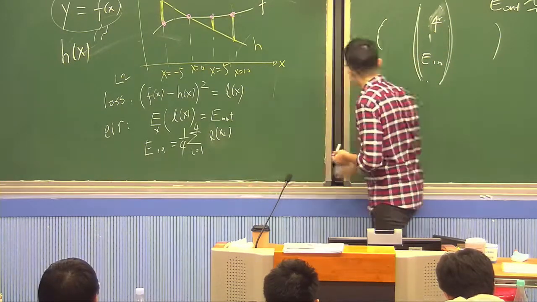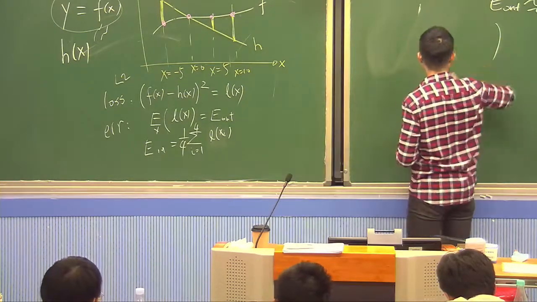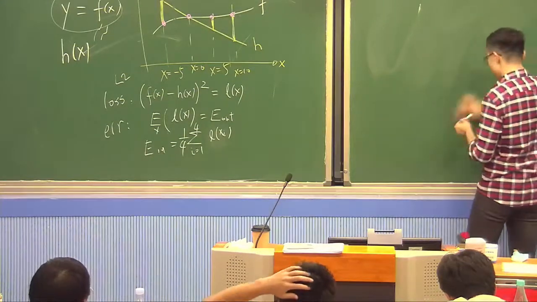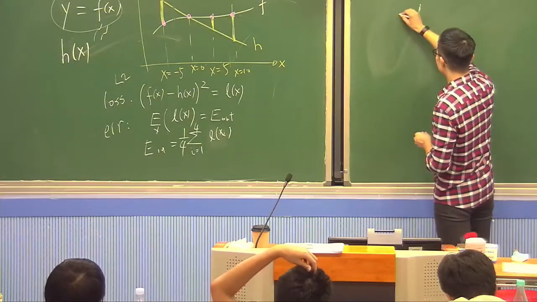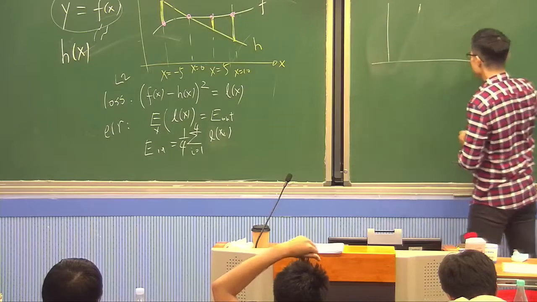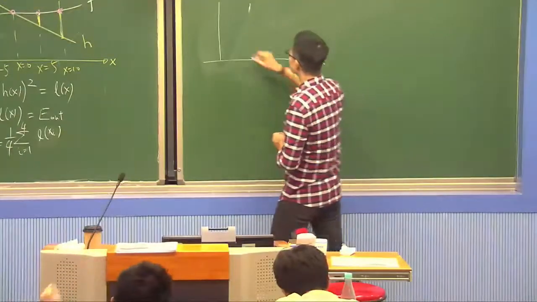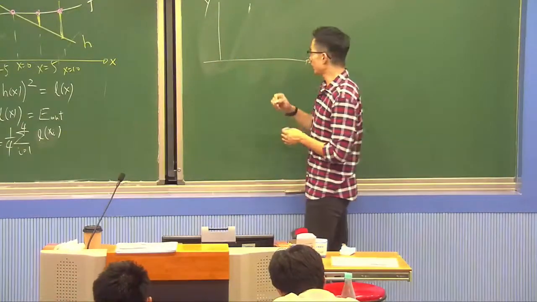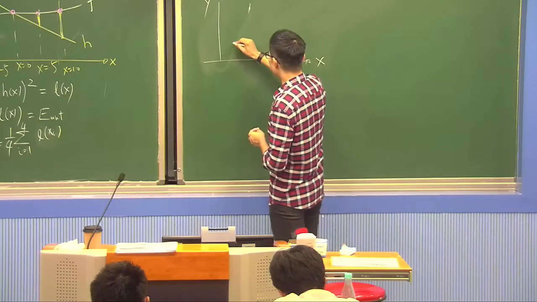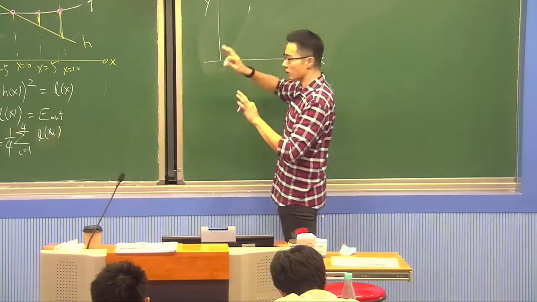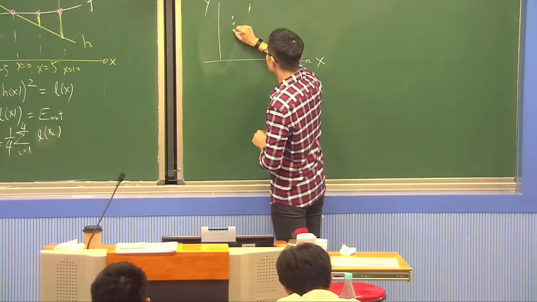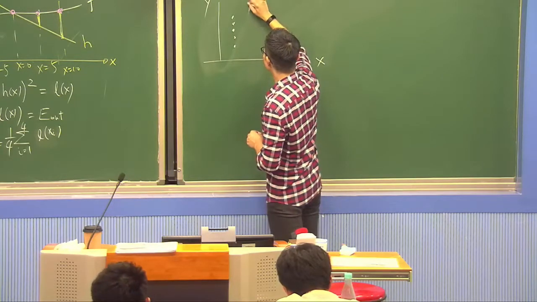In reality, that's the majority of situations. So suppose we have this kind of situation where this is x, this is y, and the underlying population looks like this.